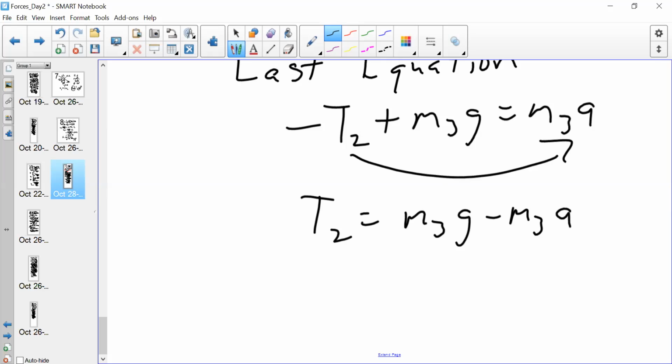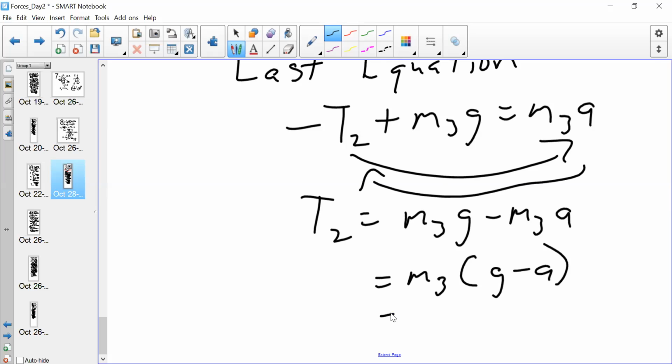Just do a swap like that. M3 distributed. And that will be 2 times 9.8 minus 0.89, times 2, 17.82.